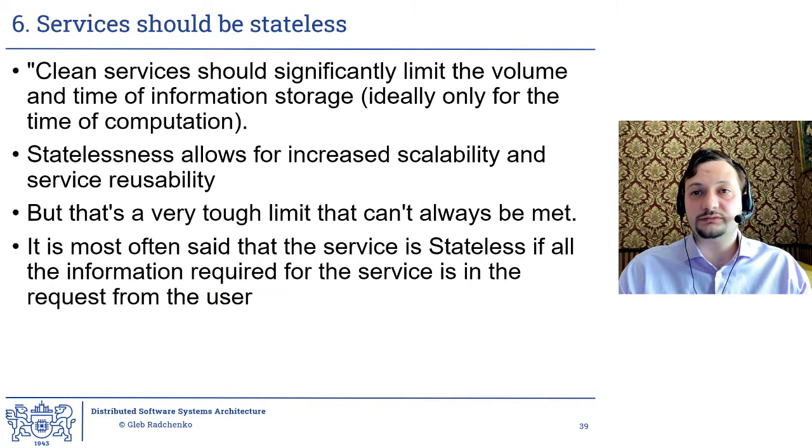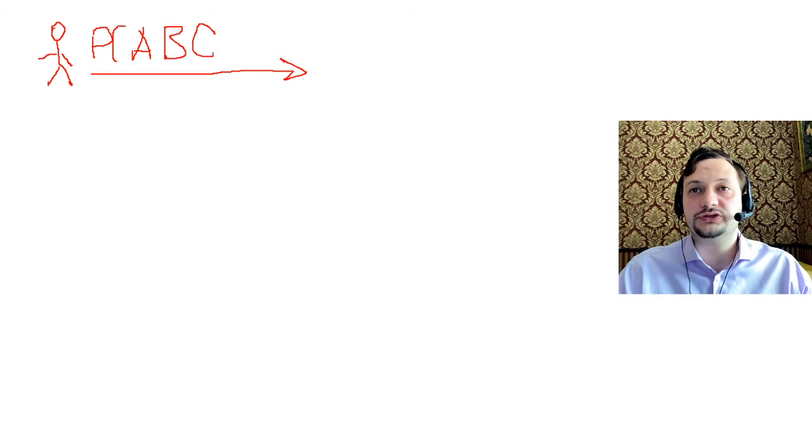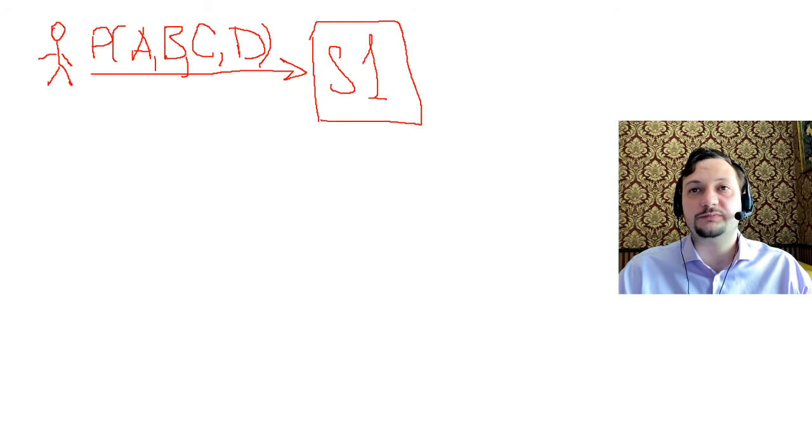So here we can have two types of services. The first type of services receive the procedure call and, using the parameters that the user provided, A, B, C, and D, the result is a function of these parameters, and that's all.